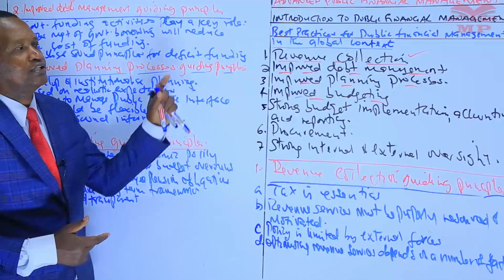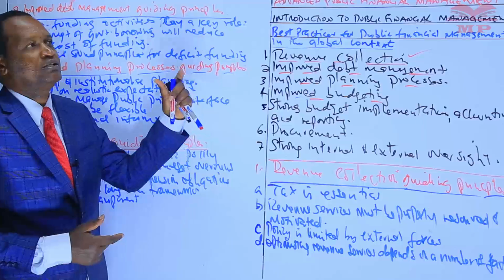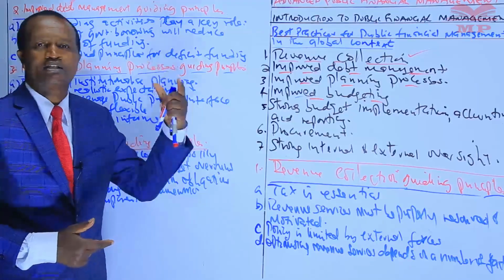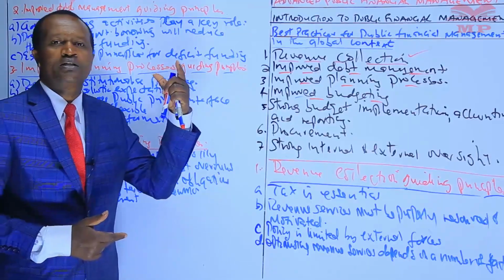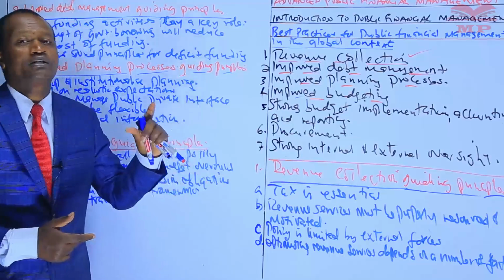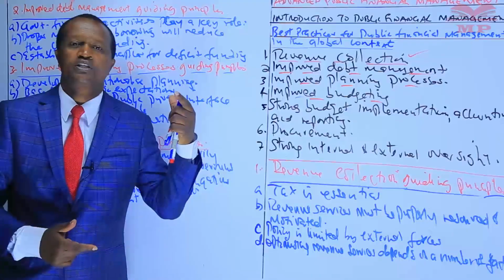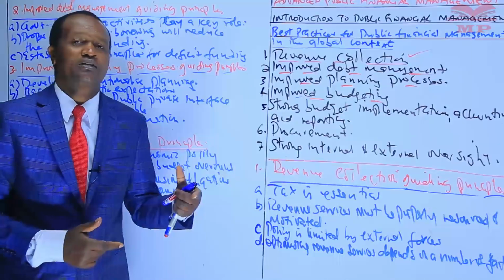Because under the Kenyan law, the public finance management, the budget for the National Assembly is not prepared by the National Treasury, but the accounting officer for the National Assembly, that's the clerk.